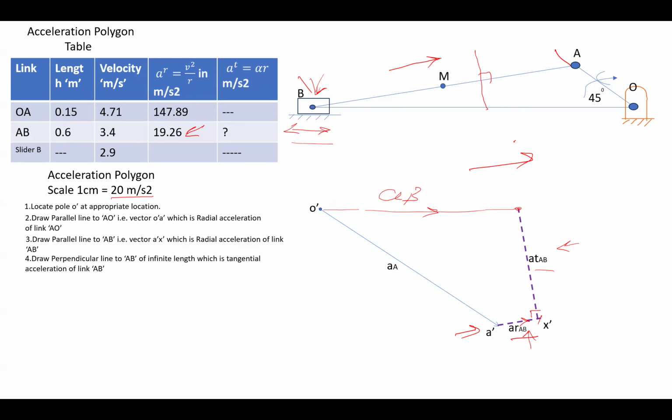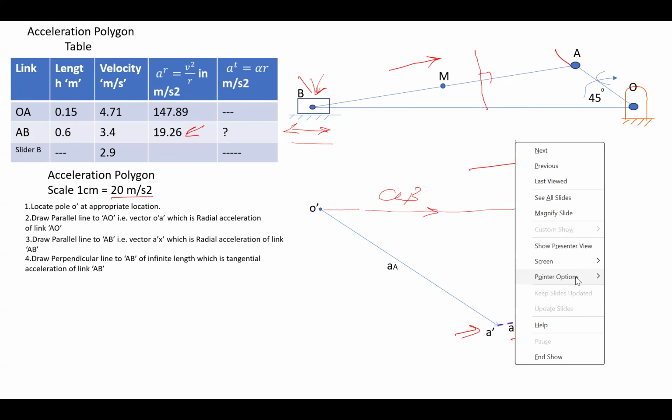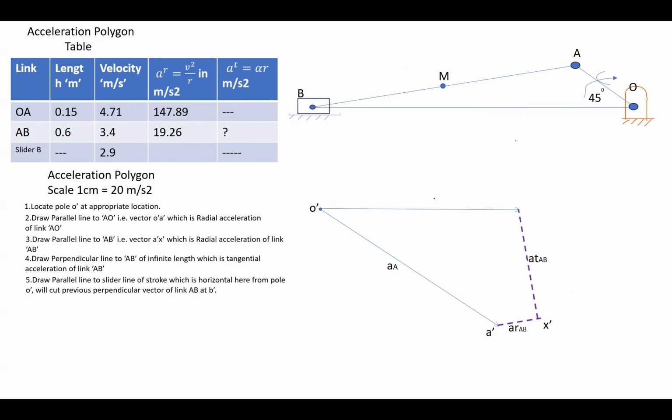You can see how it comes. This is the acceleration of B, and where this tangential component and the slider vector cut, that is the B dash. So this is the B dash point. After getting the B dash point, B is located.